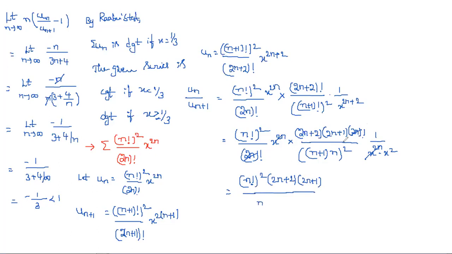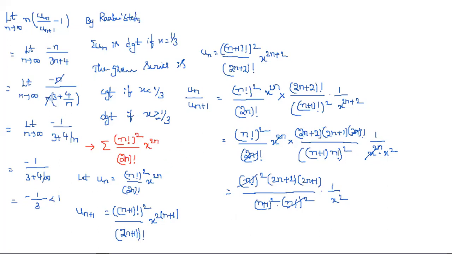That is nothing but (n+1)·n!. So simply we can write (n+1) whole square into n! whole square, and here it has 1 by x square. These two cancel. This is un by un+1, we got it.